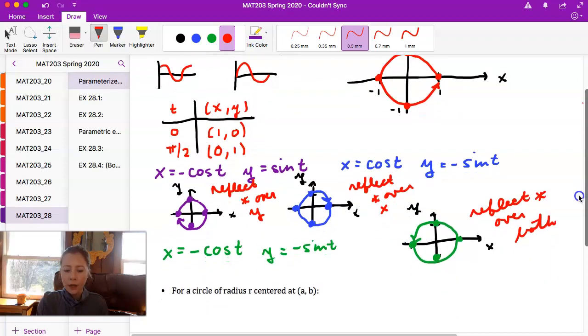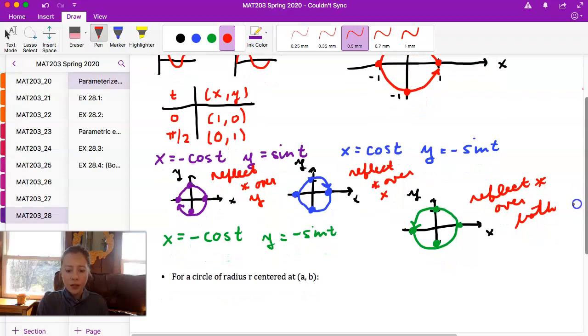So now let's just come up with a standard relation here for a circle of radius r centered at (a, b). So we're describing a circle using parameterized curves.